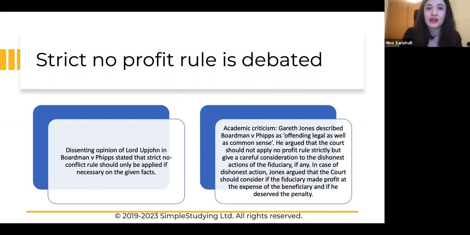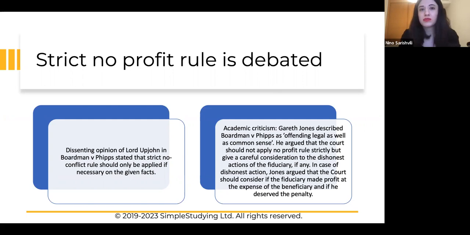It doesn't matter if it's in good faith or if it's in bad faith. The intentions of the fiduciary do not matter. If unauthorized profits are made, strict liability is imposed, and the fiduciary will be held accountable for the profits made, even if he did not act in bad faith.